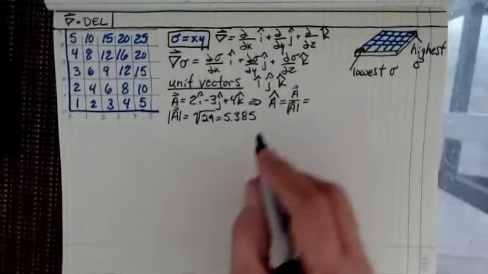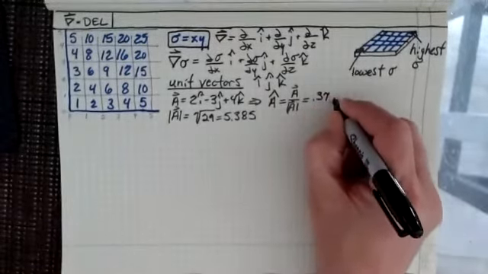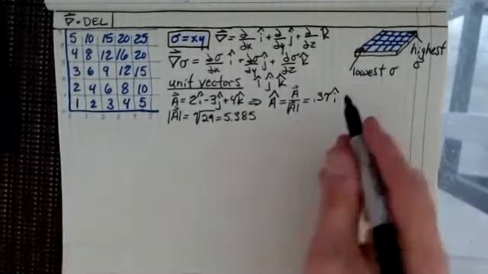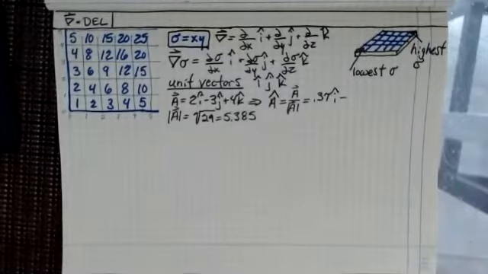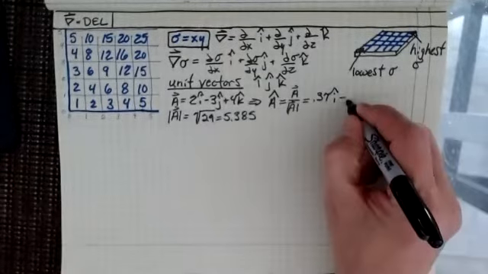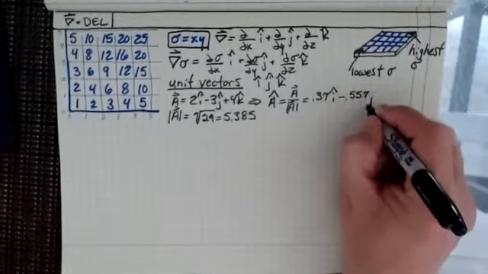All right, so 2 divided by 5.385 is 0.37, so 0.37 I hat. And then 3, well, minus, let's put the minus there. And then 3 divided by 5.385 is going to give me 0.557 J hat.